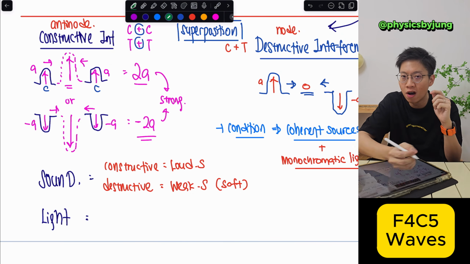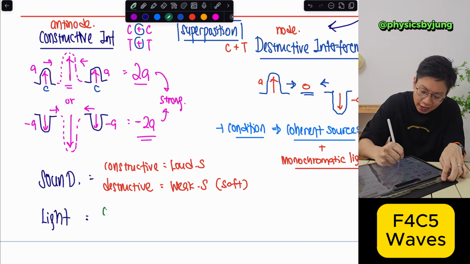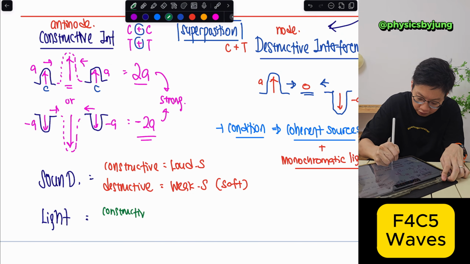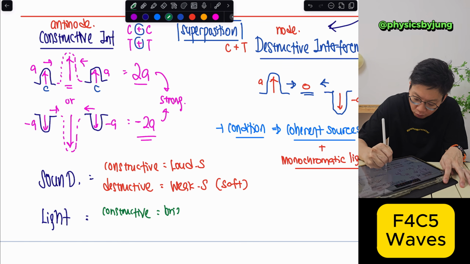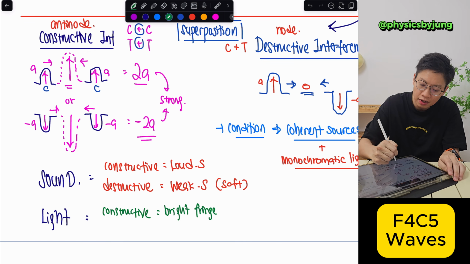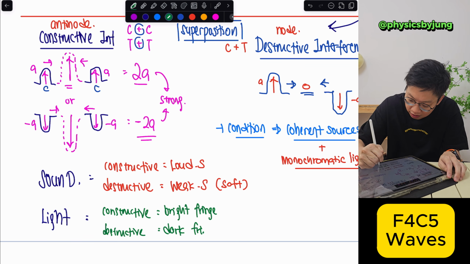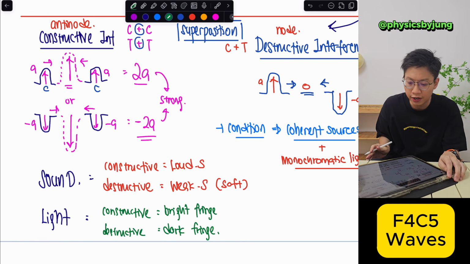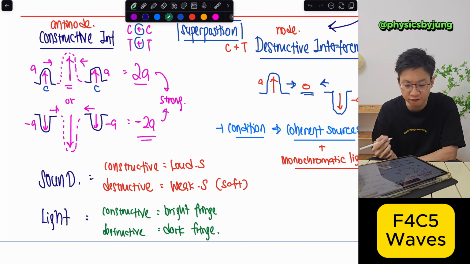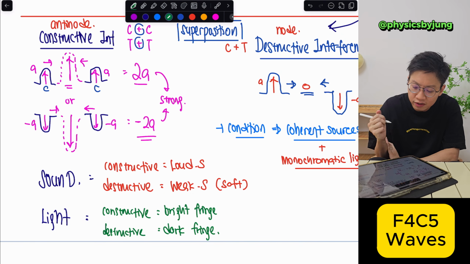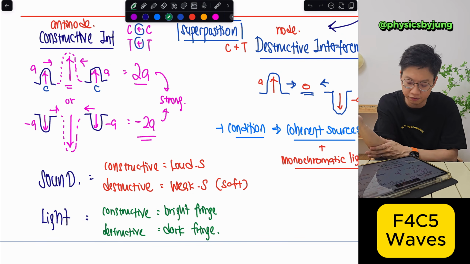As for light, constructive interference is when you form a bright fringe, which is a bright line, and destructive interference is when you see a dark fringe. So we have the bright fringe and the dark fringe indicating two different types of interference.